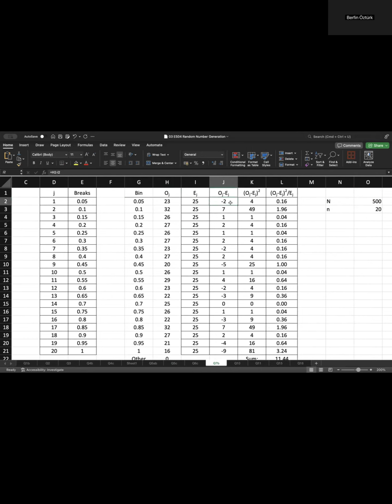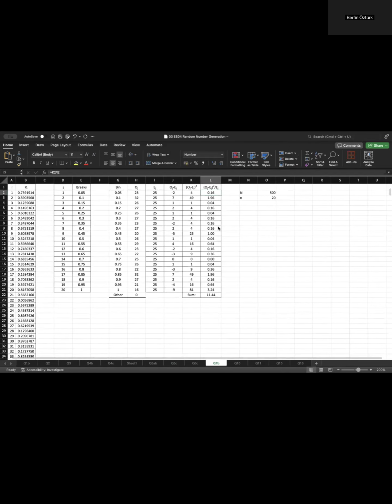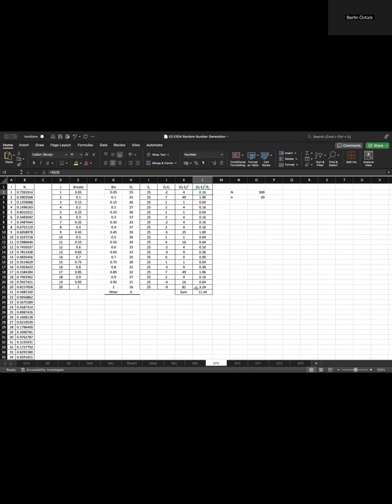So we compute this, O_j minus E_j. If you double click on that, it is a formula and you propagate it down. And we take the square of this. If you click it again, it's a very short formula, so you don't have to type in a square or something. Well, then we divide this value by E_j. So E_j is the expected number in the intervals.